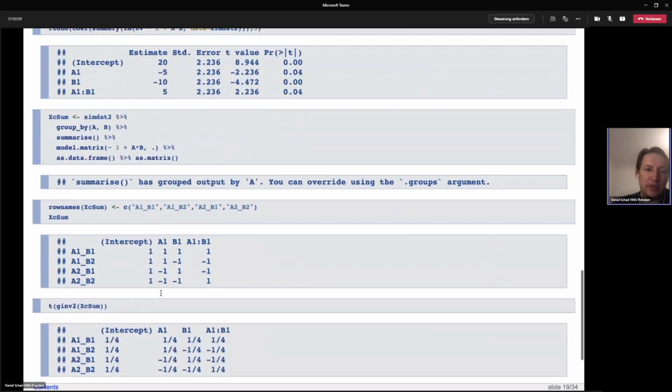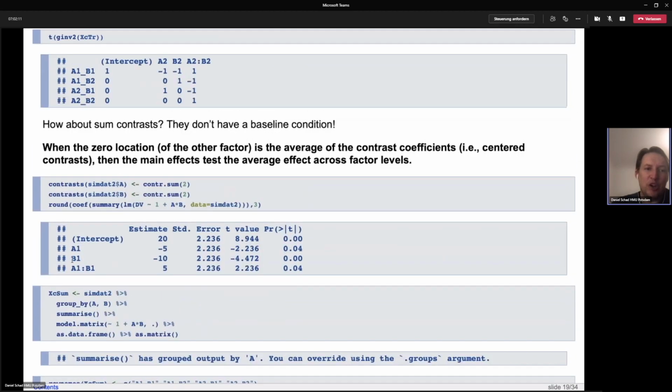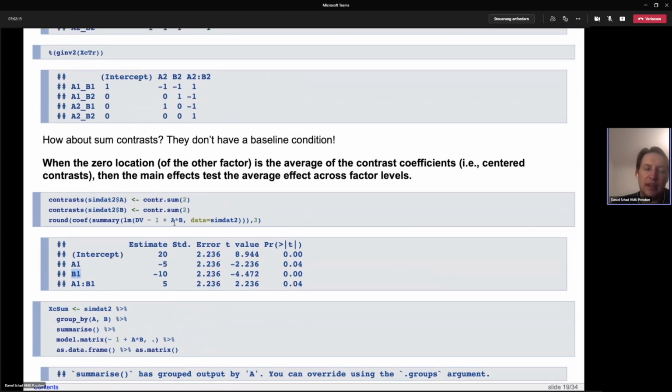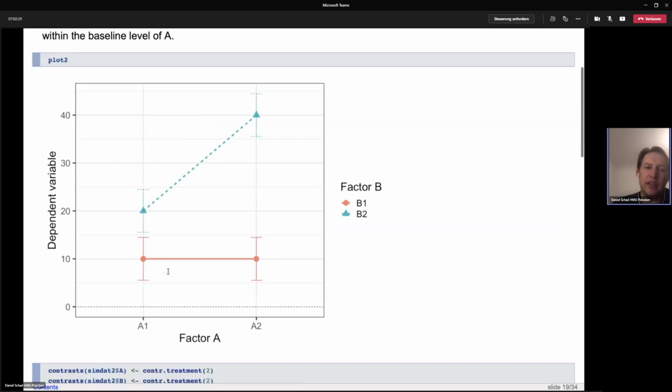I hope I'm not losing you. How about we do it the other way around as well. What is the effect of B? To interpret the factor B, we have to know how A is coded. A is coded as a sum contrast. Again, the location 0 is the average of the conditions, so we have to compute the average effect of B across levels of A. We can compute the effect of B for A1, that's 10, and the effect of B for A2, that's 30.